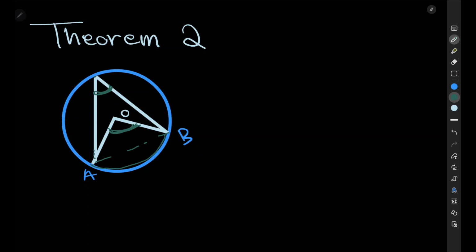Okay, so to put that in writing, let's say this is C. What this theorem basically says is that AOB, which is the angle at the center of the circle, will be equal to 2 times the angle ACB, which is the angle at the circumference.